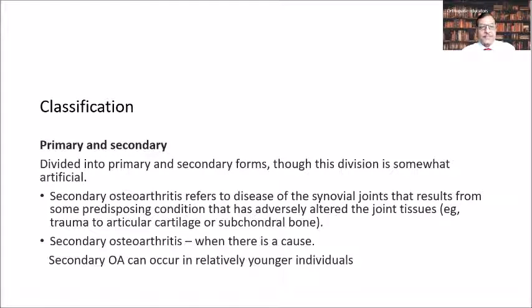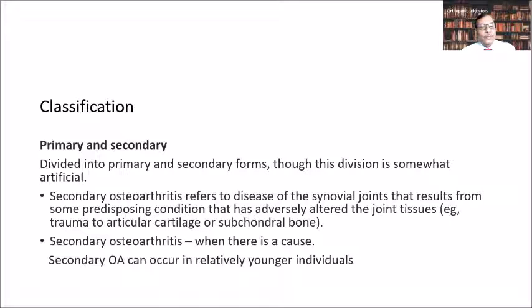Secondary osteoarthritis refers to osteoarthritis that results from a predisposing condition that has adversely altered the joint tissues, especially trauma to the articular cartilage or the subchondral bone.